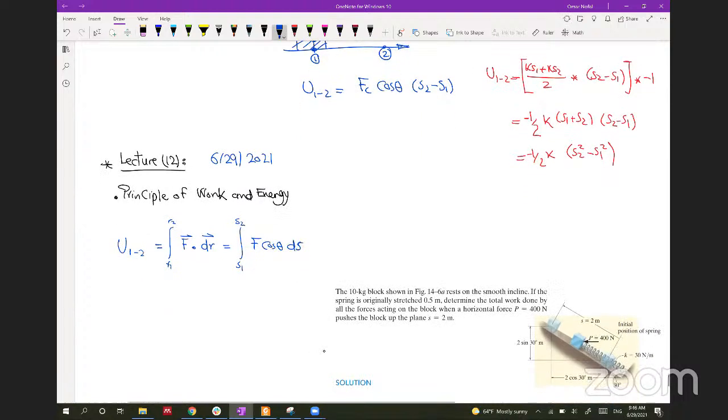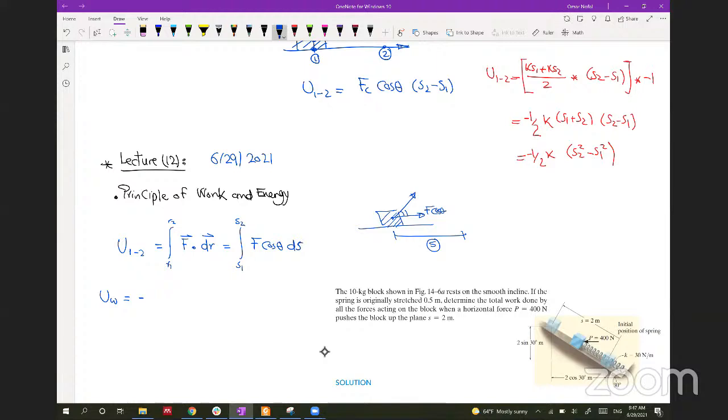So this is the general one, and this is what we know from last time: if we have a body resting on a surface and there's a force acting on it, we need to find the force in the direction of the motion, because this is the only one exerting work, multiplied by S. And we got the work exerted by the weight, and it's negative sometimes.